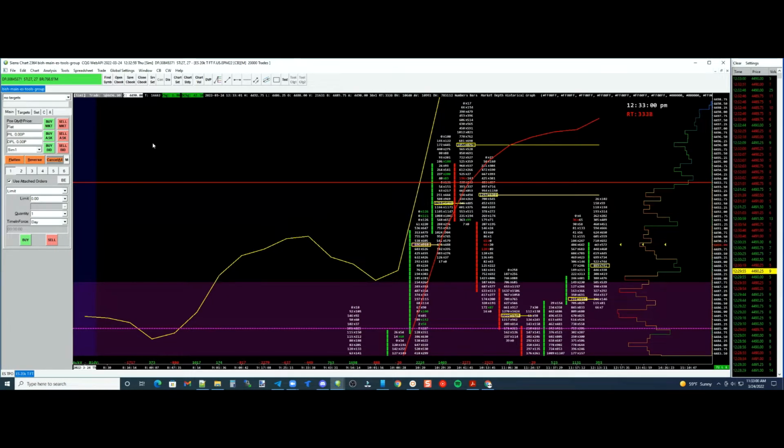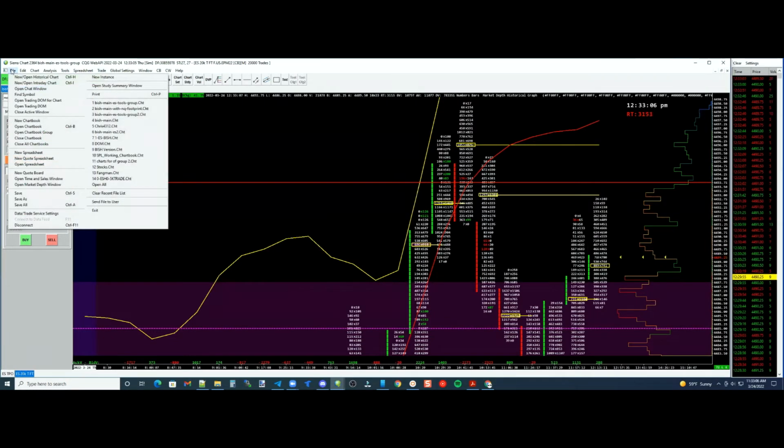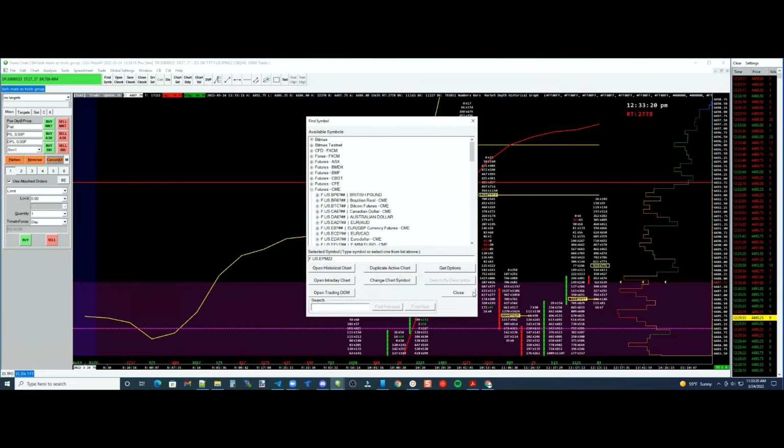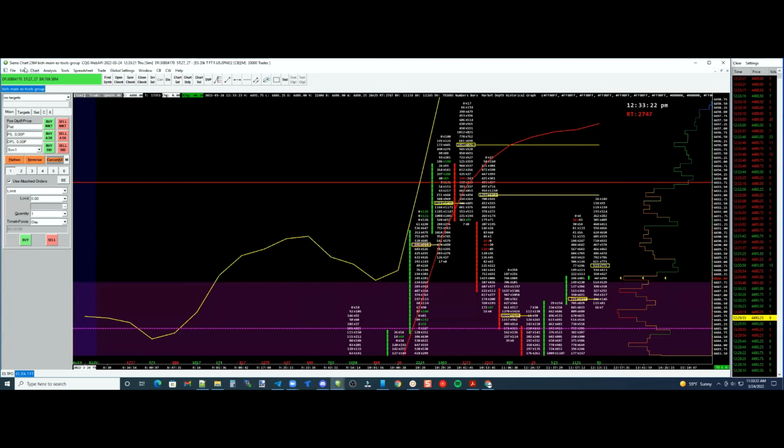There is the trade DOM. The trade DOM would be under File, and you would open a trading DOM for the chart. You could just open up a trading DOM, where you select the symbol and it opens up just the DOM.